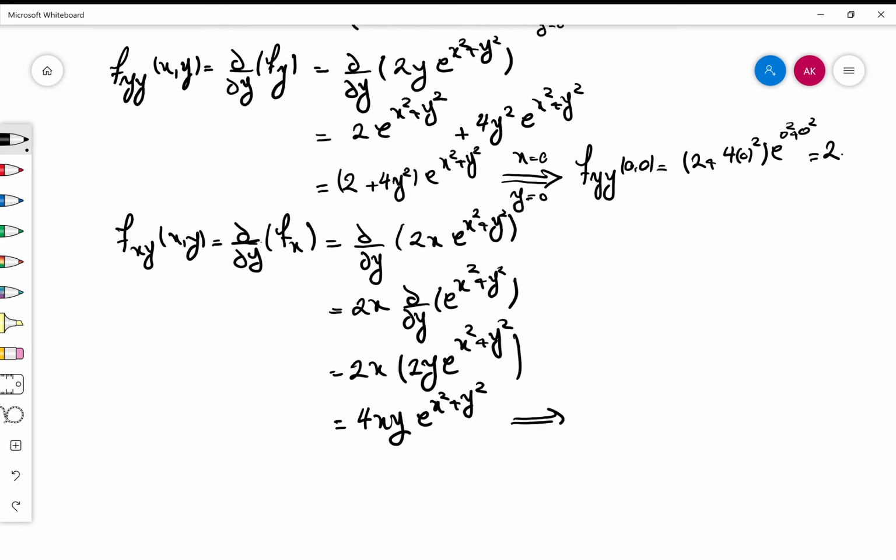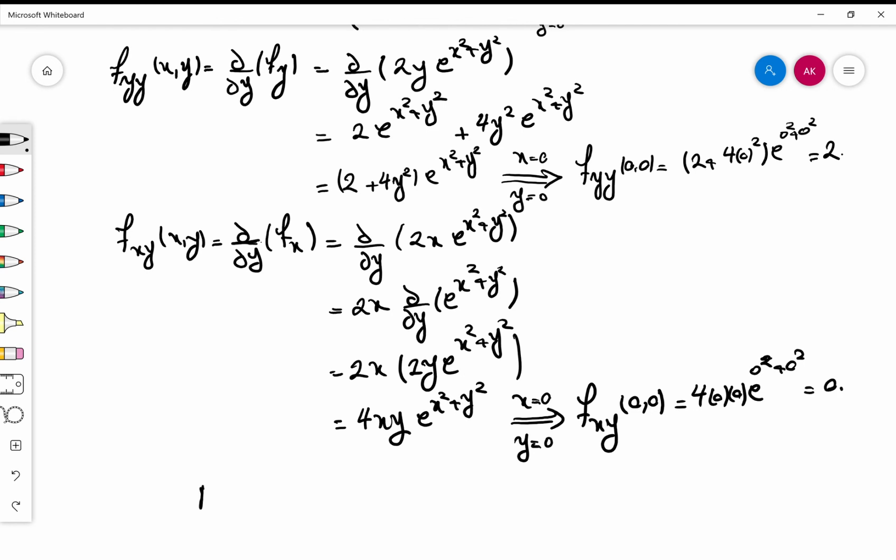Well, set x equal to 0, y equal to 0, so we have fxy at (0, 0) is just 4 times 0 times 0 e to the power 0 squared plus 0 squared, and everything gives me 0.